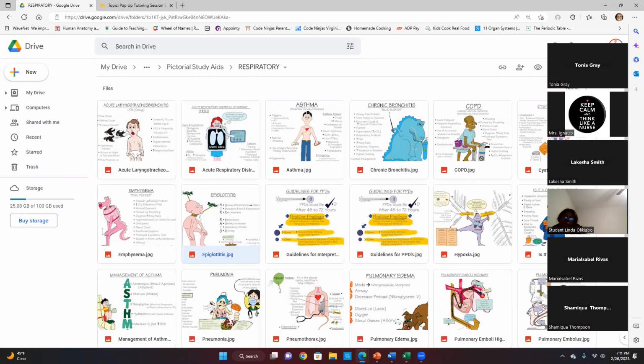Okay, well, that's going to be something that you can definitely look up. Where would all the places be that you can assess your oxygen saturation for your patient?